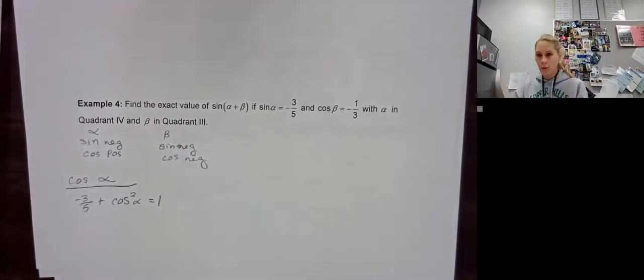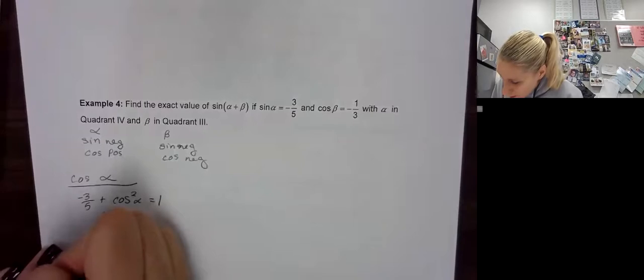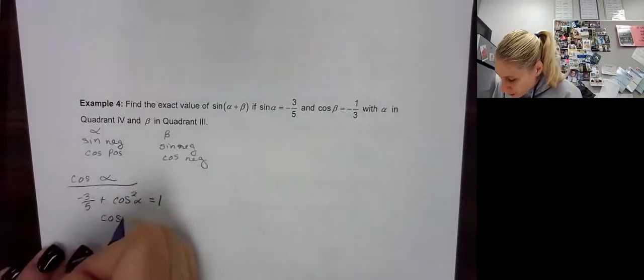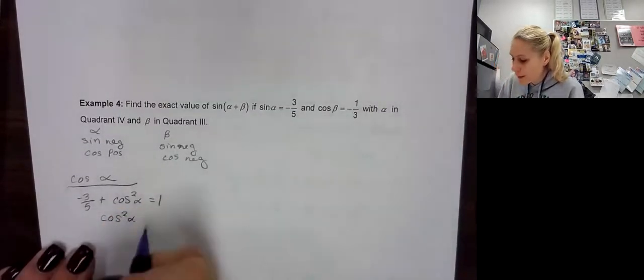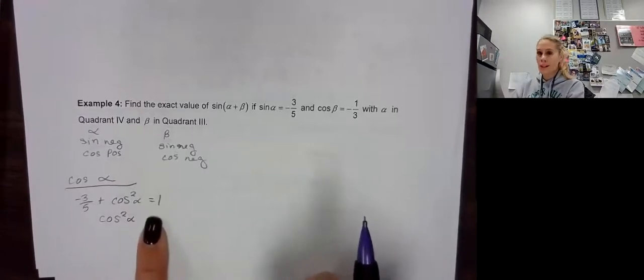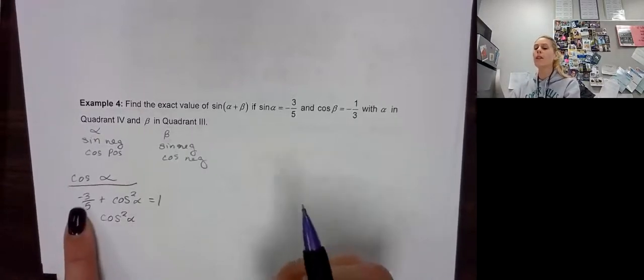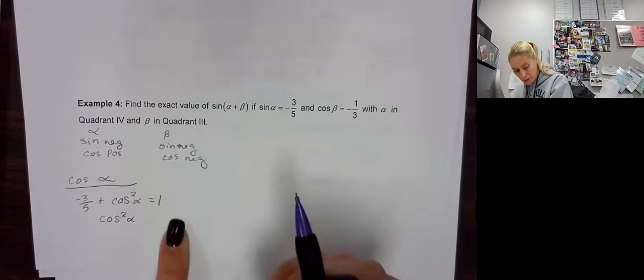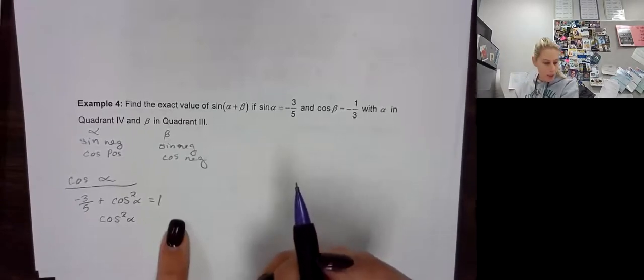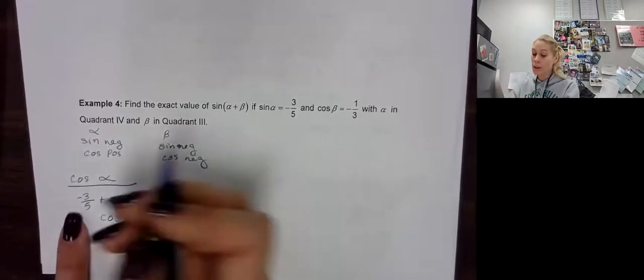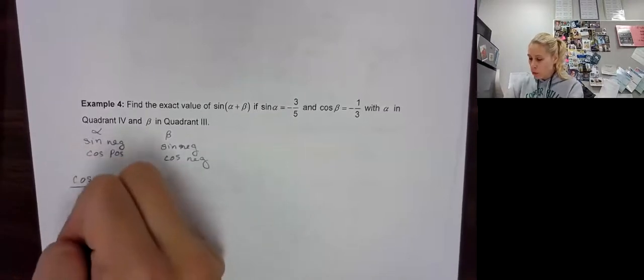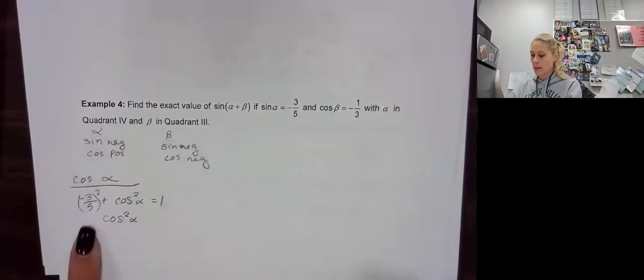And now I can solve for it, right? I can say now cosine squared alpha. Now don't forget to use common denominators and all that stuff, because even though I'm adding 3/5, or no, I have to square it first. Ooh, crazy pants right there, right?